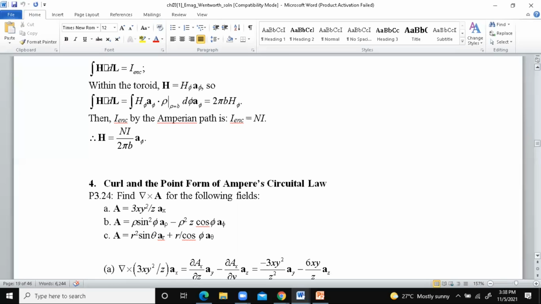I think I could draw it. I still got a picture of it. It's just the circular ring with the wires wrapped on it. What you can look at first is one of those loops.